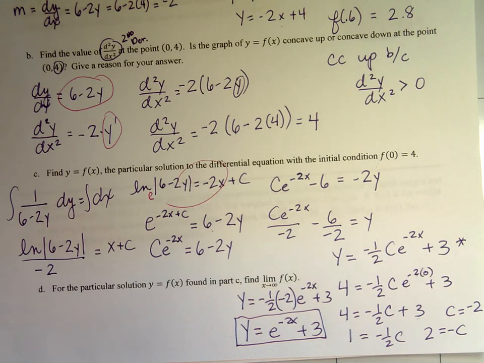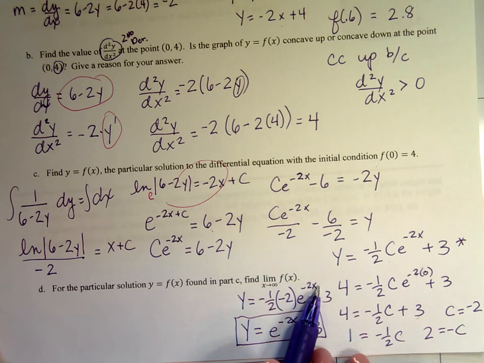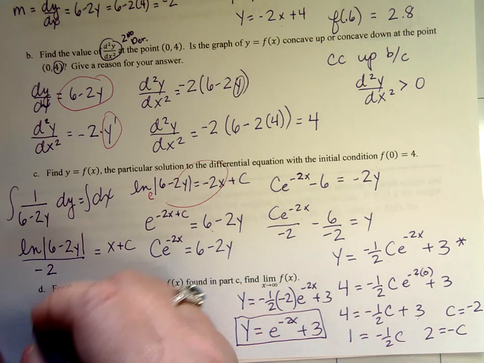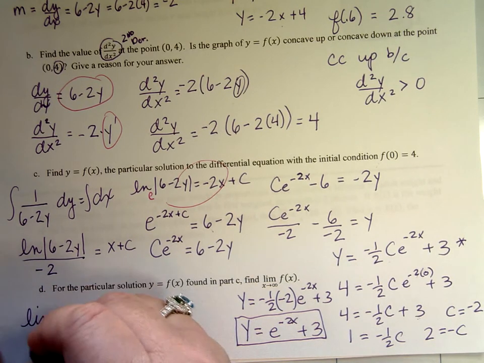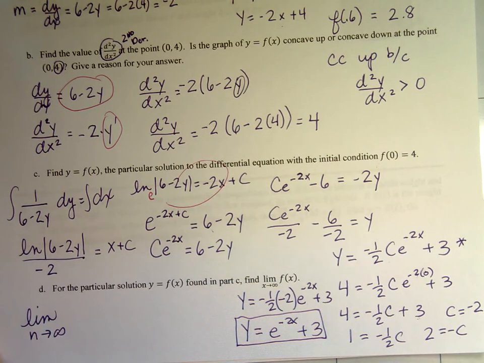Last part. Now they're bringing in limits, and you have not talked limits for forever. So find, for the particular solution, which is this, find the limit. Well, here's how the limit goes. The limit, as x approaches infinity, for this function, I'm going to write it a little differently.